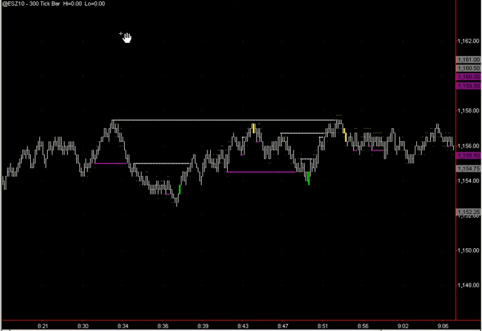Here's what we know. What you see in the way of a white line at the top of these pivots indicates that we believe the market will return to that price. A magenta colored line, which is generally below the market, indicates that we expect the market will return at least to that price.